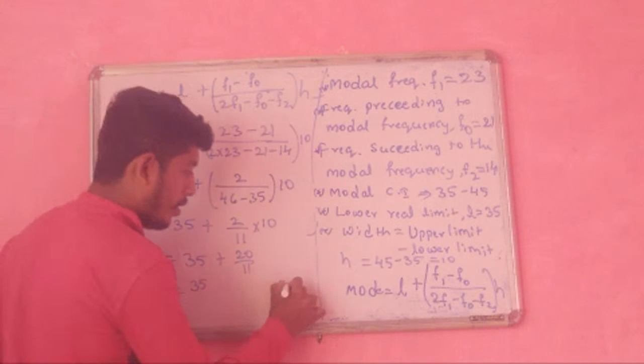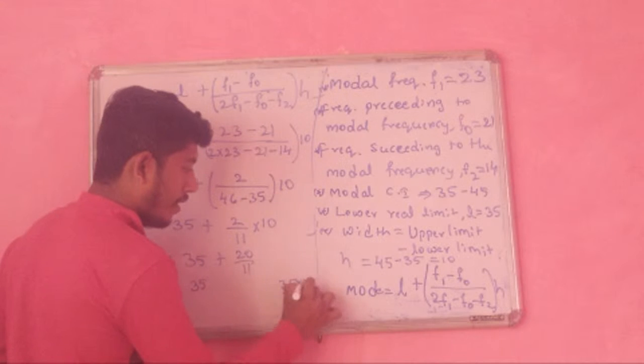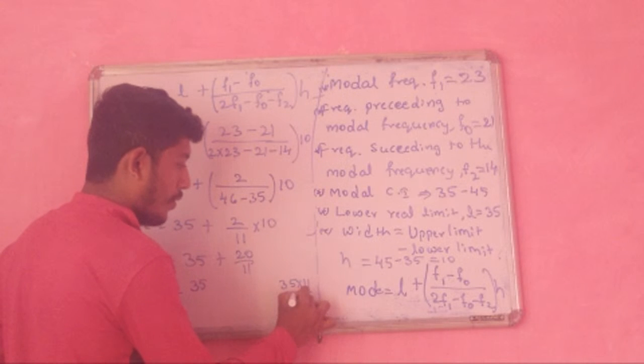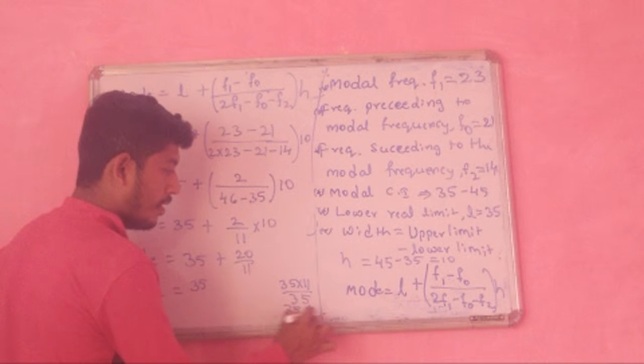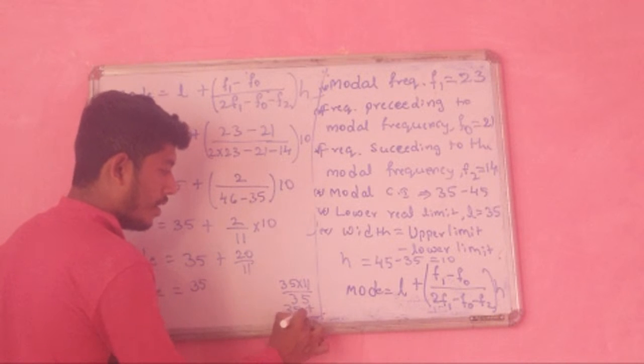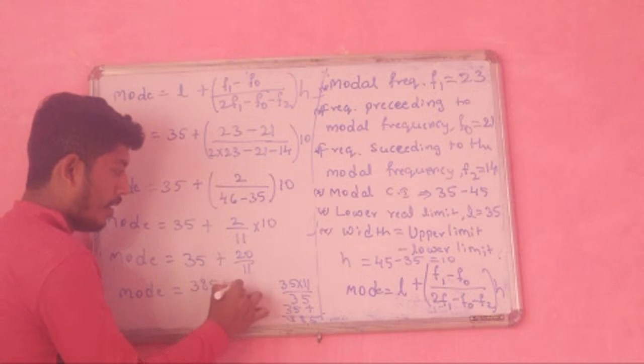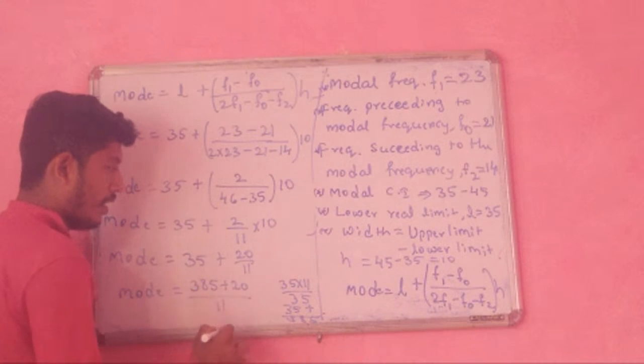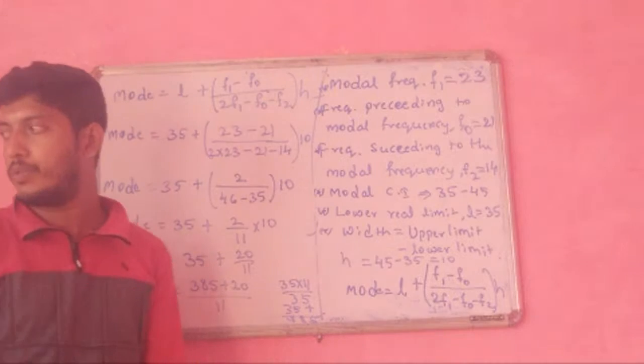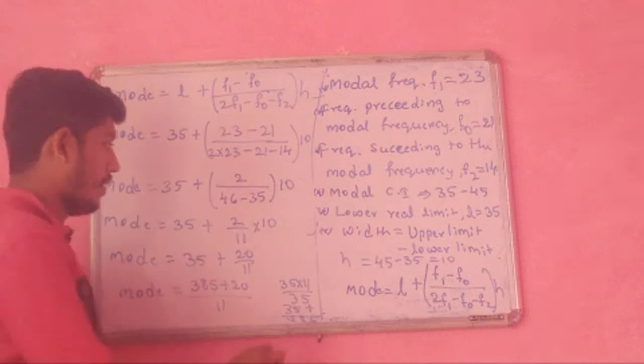So I will do the calculation here. 35 into 11. 1 5 is 5, 1 3 is 3. Answer is 385. So 385 plus 20 divided by 11.